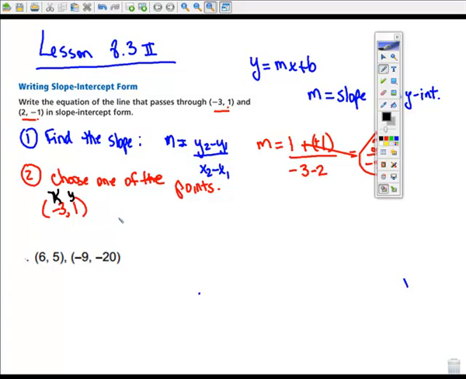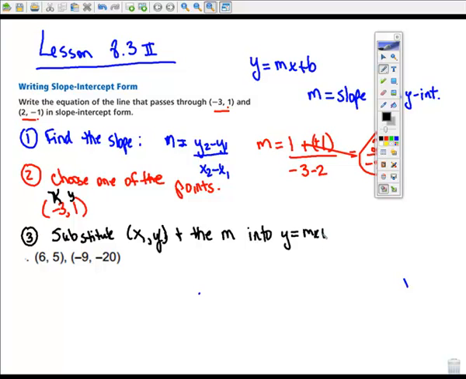So the third part, I'm going to substitute in the x, the y, and the slope into y equals mx plus b, and solve for b.